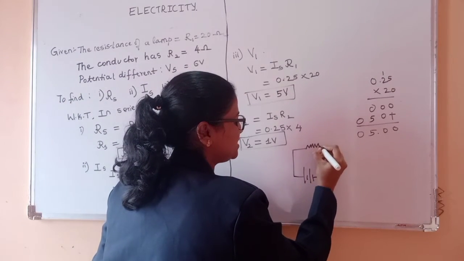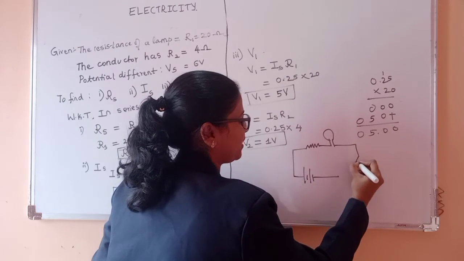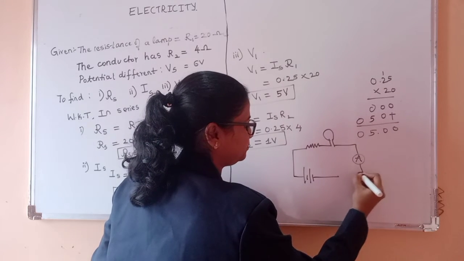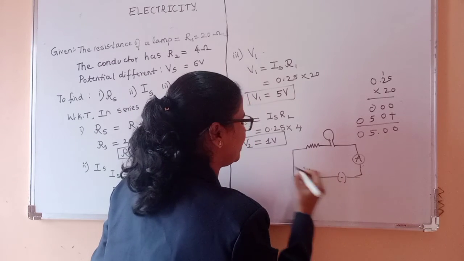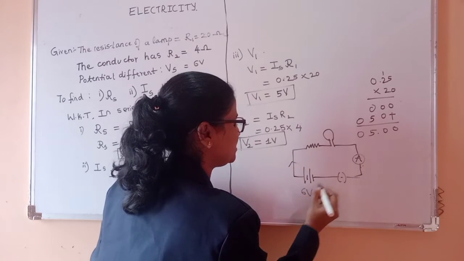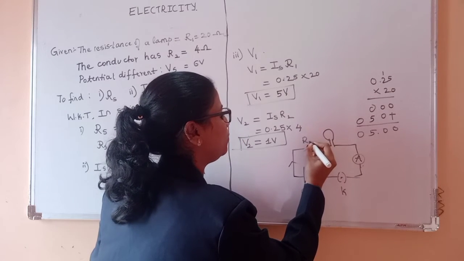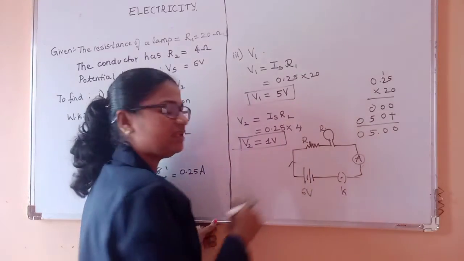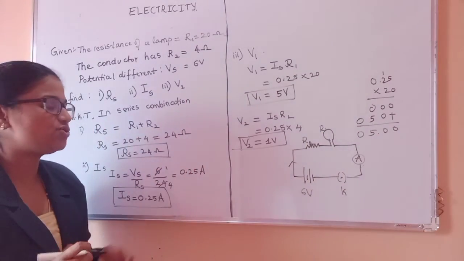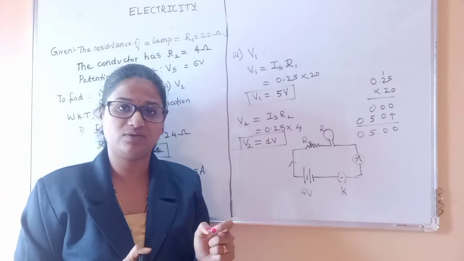So here a resistance and the lamp is connected, ammeter, the key. If you just draw a rough diagram also, this is 6 volt, this is key, this is ammeter, this is R1, this is R2. You can write the values over there. So like this you have to draw the rough diagram so that it will be easy for us to solve.